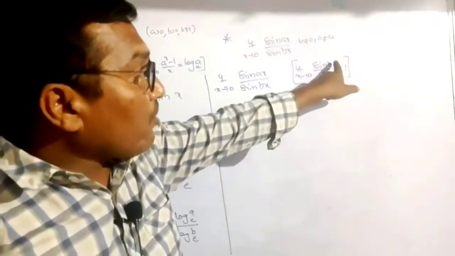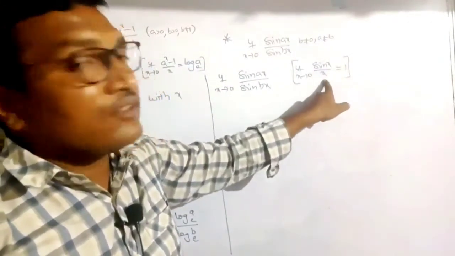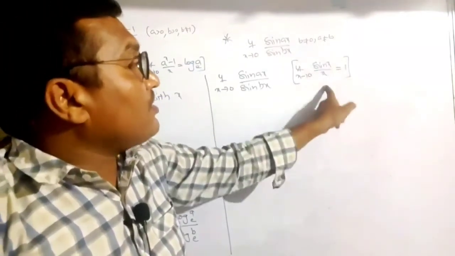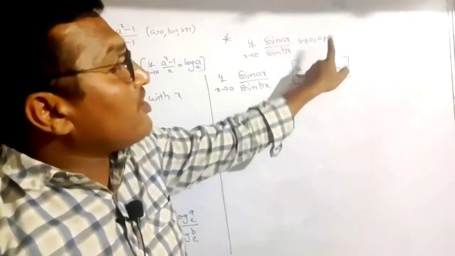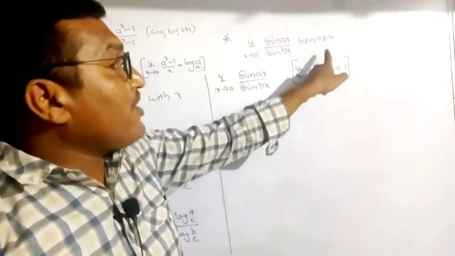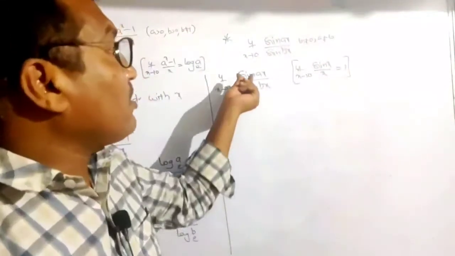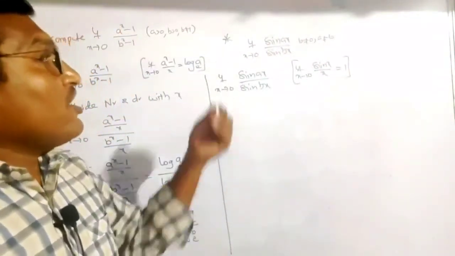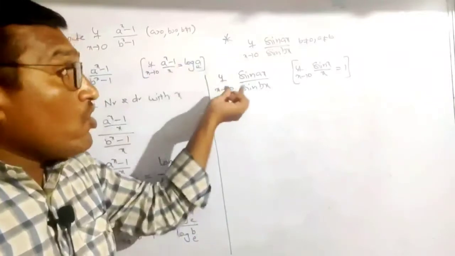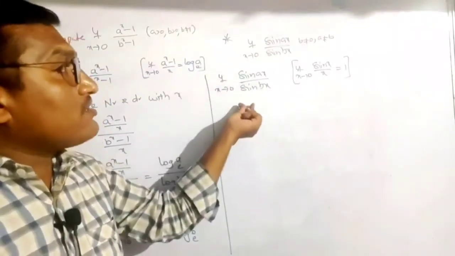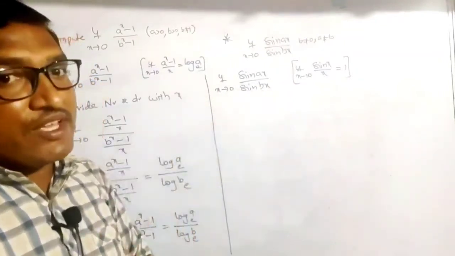So what is the angle here? We need the same thing in the denominator: sin x by x, sin ax by ax, sin bx by bx. Then only we get the 1. Here we need sin ax by ax and sin bx by bx.